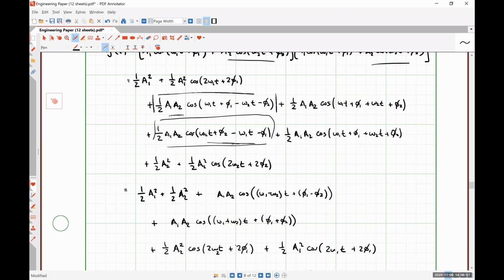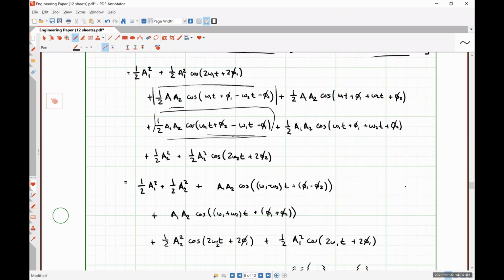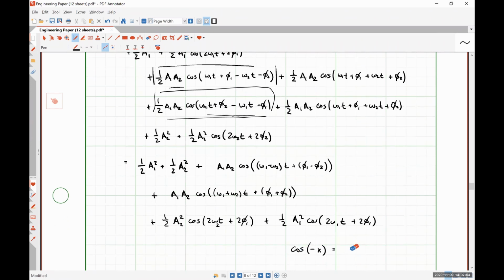This doesn't seem like much of a simplification, all right? But you have to remember what we're going to do to this: we're going to take the integral of it over exactly 1 period. So what happens to this term when I take the integral over 1 period?